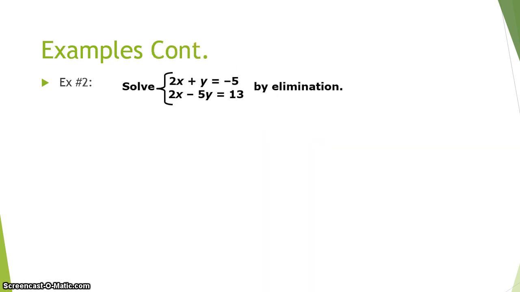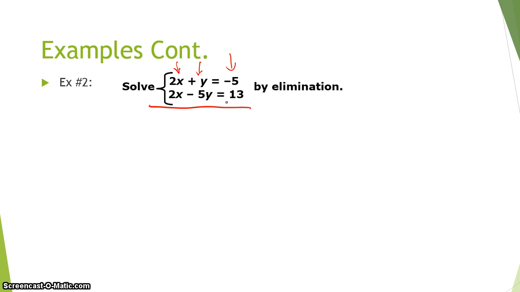Let's go on to example 2. Here we have 2x plus y equals negative 5, 2x minus 5y equals 13. Notice my variables are lined up, my x's are lined up, my y's are lined up, my numbers that stand alone are lined up. Now we're going to see if we can eliminate anything here.